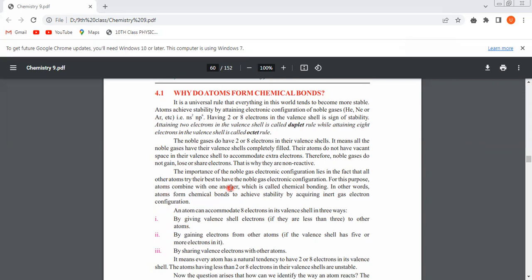For this purpose, atoms combine with one another, which is called chemical bonding. In other words, atoms form chemical bonds to achieve stability by acquiring inert gas electron configuration.